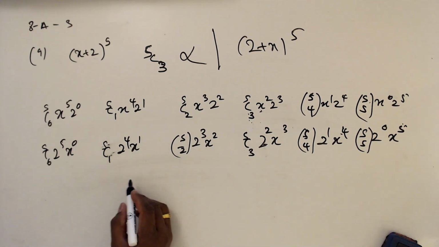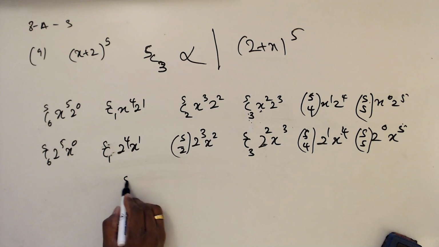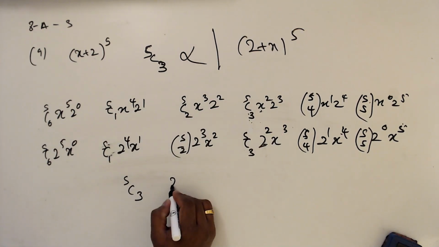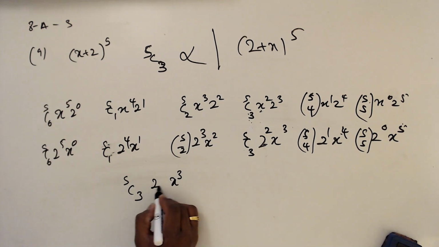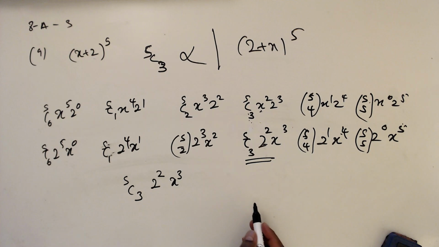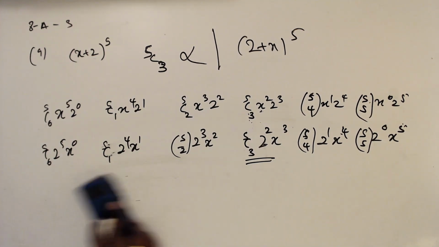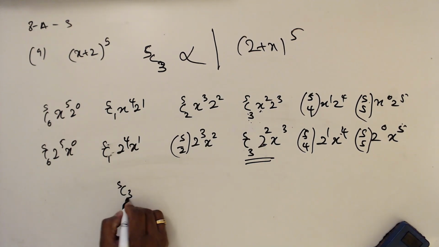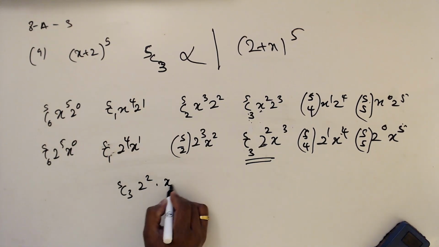Now assume we write the third term 5C3, then according to this, x^3 and 2^2, which exactly matches. Now we will find the term. So 5C3 2 squared x cubed.